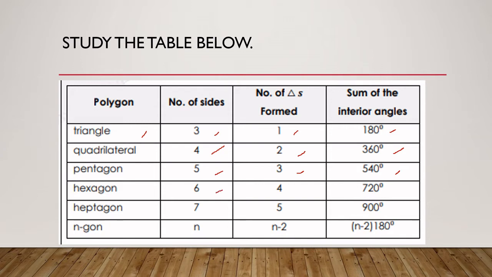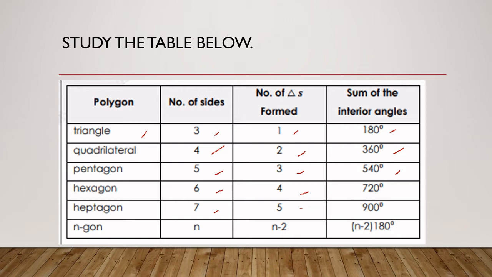When we draw a diagonal from one vertex, we can form 4 triangles. And the sum of this is 720 degrees. For heptagon, we have 7 sides. We can form 5 triangles. And then, the sum of these interior angles is 900 degrees.